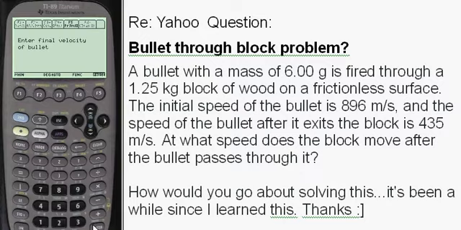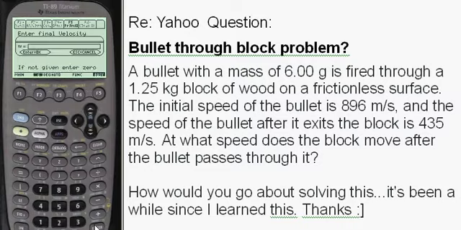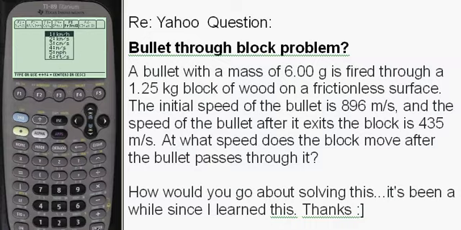Enter the final velocity of the bullet, alpha 435, again meters per second, again from left to right. We can always check it and see if you've entered everything correct. If you didn't, we could change it, but I say it's okay.